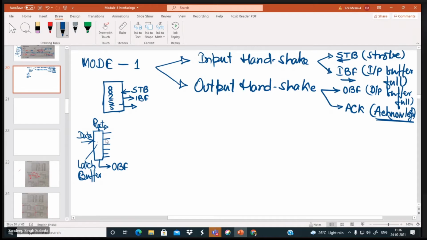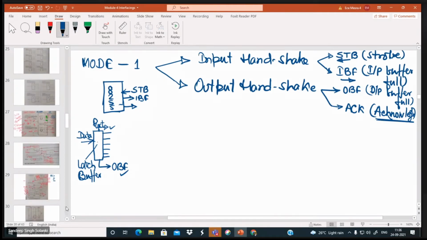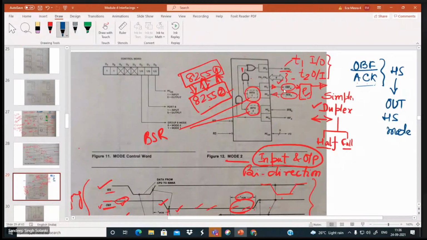So who generates this signal? My answer to you is that this will be generated by your 8255. I'll verify also, because see here, the arrow is going out of it and acknowledge is coming in. So always IBF and OBF will be generated by 8255.